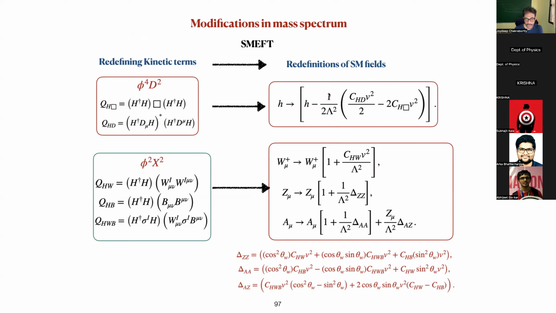Then you have this lambda v^2 by lambda^2 contribution. If your lambda is very large compared to v, then this contribution is not very significant, but depending on the precision of the result, it can sometimes be significant. This is how you actually change your Higgs field.